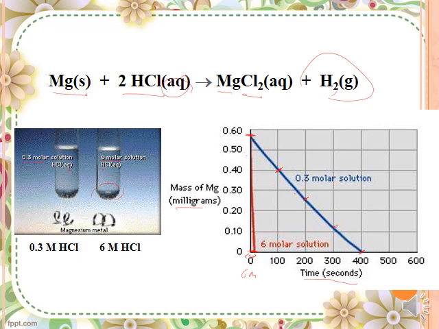This is for the 0.3 molar test tube: final mass is 0, initial mass is 0.55, so the change in mass over time, 400 minus 0, and from there you can calculate the rate.